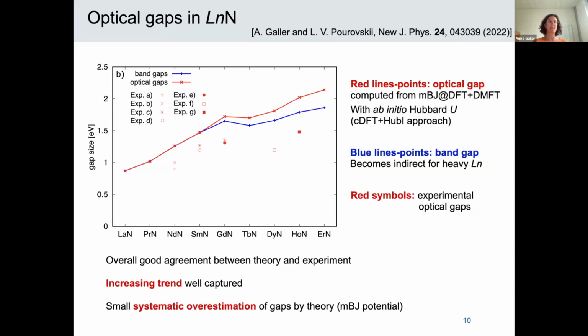But we can also see that in theory, there seems to be a systematic overestimation of the gaps. And since the optical gaps in these materials are all p-d gaps, this overestimation must be coming from this MBJ potential.